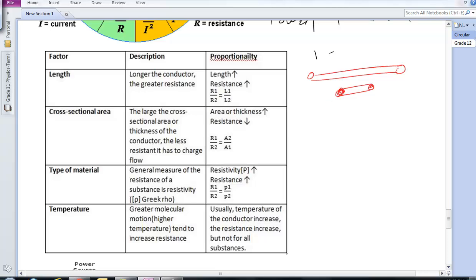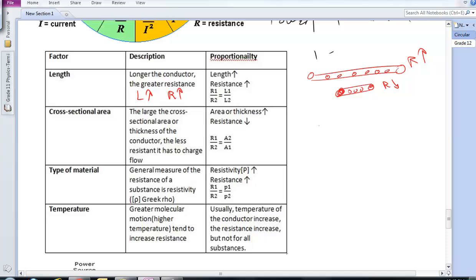For long wires, the electrons need more distance to move, which means more voltage, so the resistance is big. While if it's a short wire, the resistance is lower or smaller. So the longer the conductor, the greater the resistance.